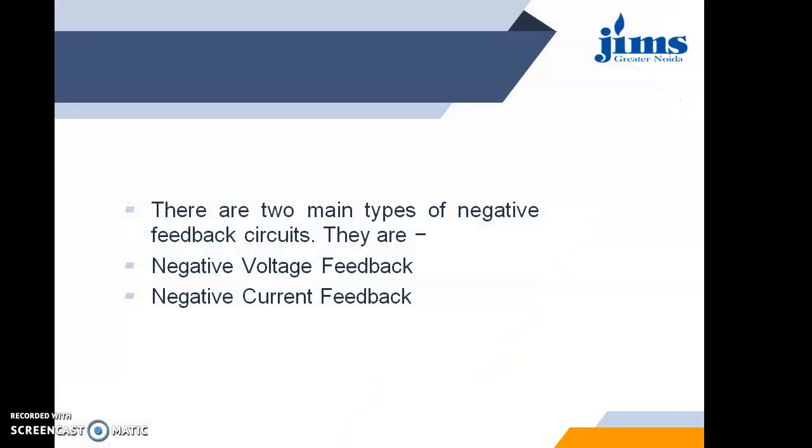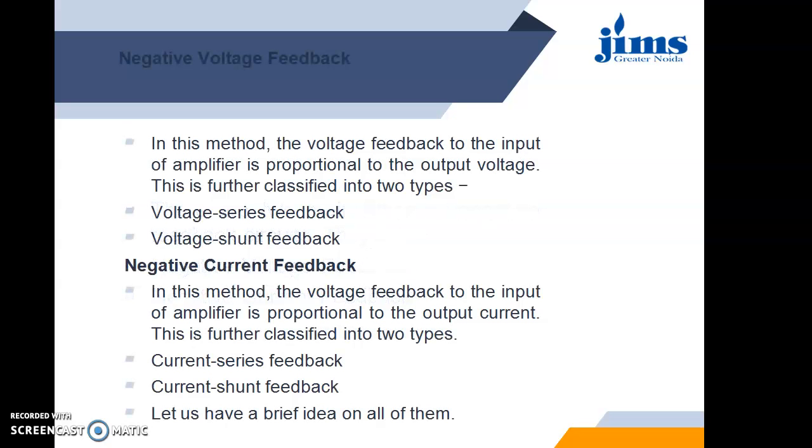Now there is a classification of negative feedback amplifiers. They are broadly classified into two categories: negative voltage feedback and negative current feedback. In negative voltage feedback, the voltage fed back to the input of an amplifier is proportional to the output voltage. This is further classified into two types: voltage series feedback and voltage shunt feedback.